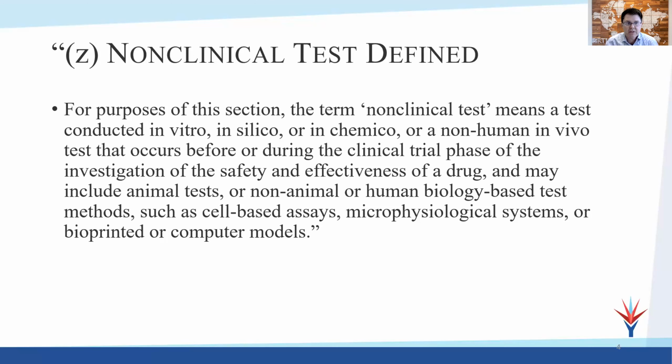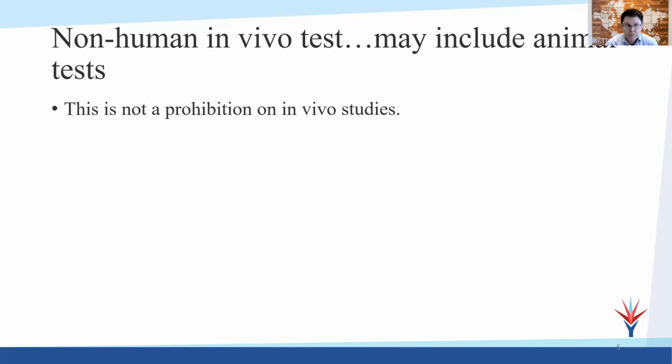And we'll go into some of those in a minute. So it specifically says may include a non-human in vivo test. So again, there is no prohibition. It's still included. It basically expanded the definition.